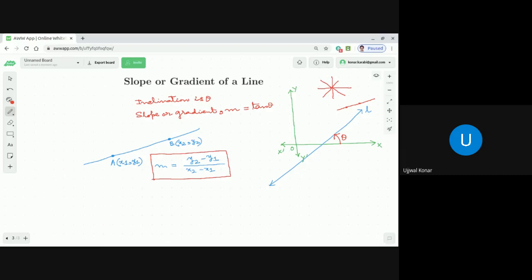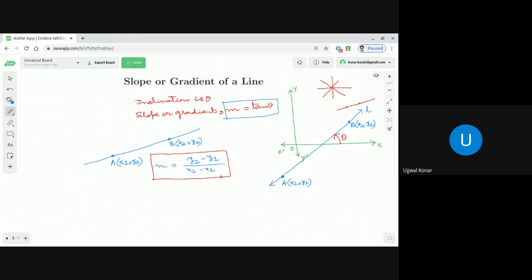So you can say, if that straight line is making an angle theta, suppose we consider this straight line L only, and we get 2 points here. One point is A with coordinates x1, y1, and another point B with coordinates x2, y2. Then what can we say? m is equal to tan theta, as we already derived, and we also found m is equal to y2 minus y1 by x2 minus x1.